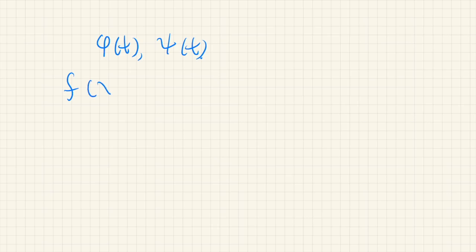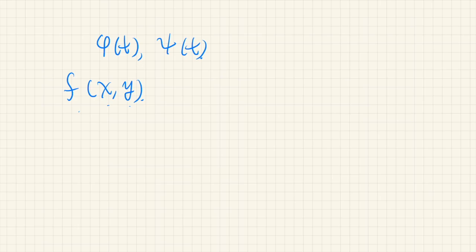Let's start. First, we consider the following case. Suppose we have two univariate functions, phi of t and psi of t. Then suppose we have a bivariate function, f of x and y.